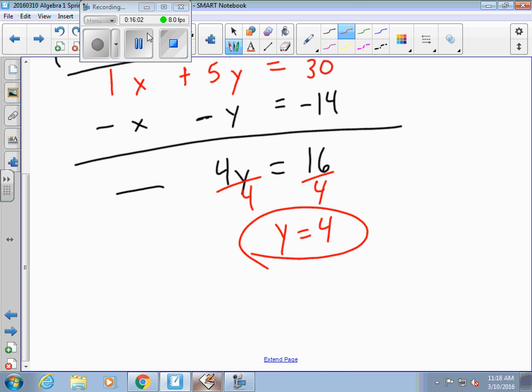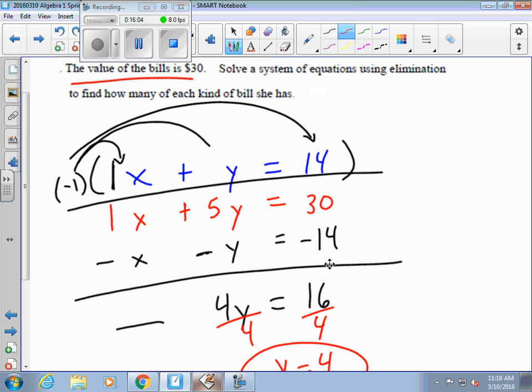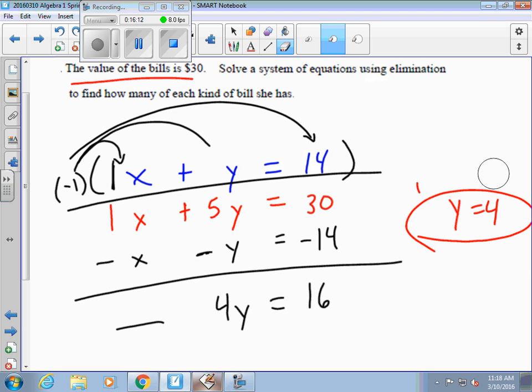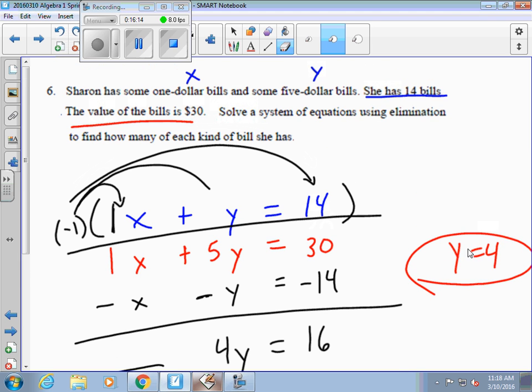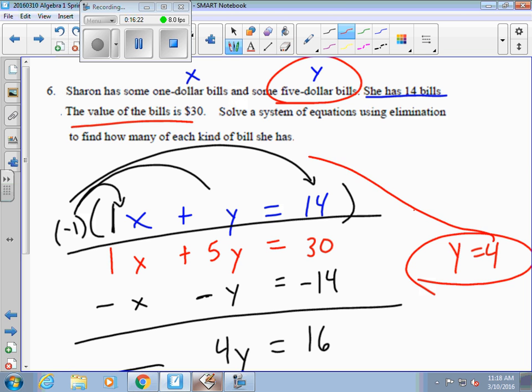We said a minute ago that y represented how many? Y equals 4. Y represents how many $5 bills she has. So it says to find out how many of each. Right here, y was how many $5 bills. The first equation, we could plug it right back into that one.